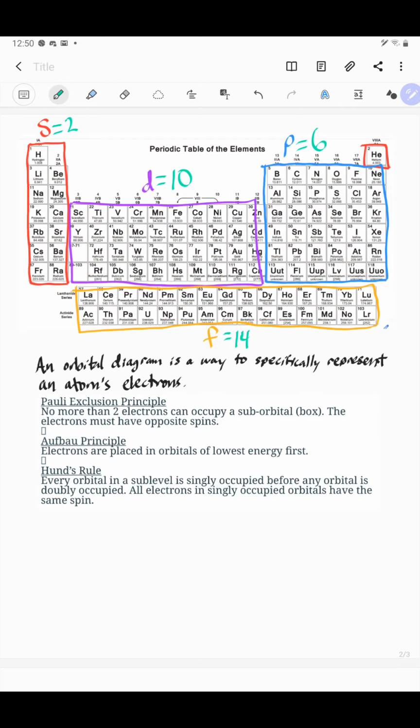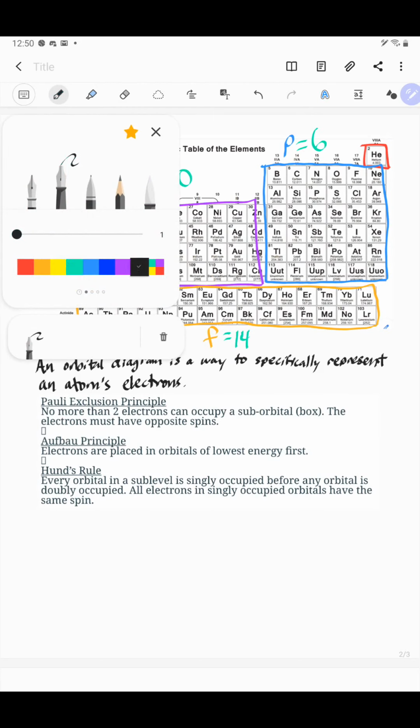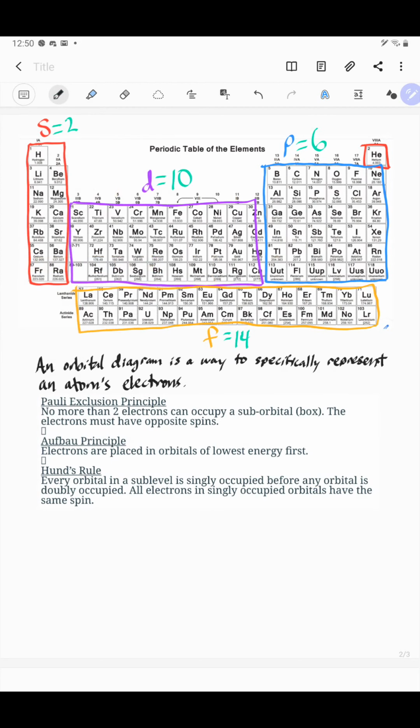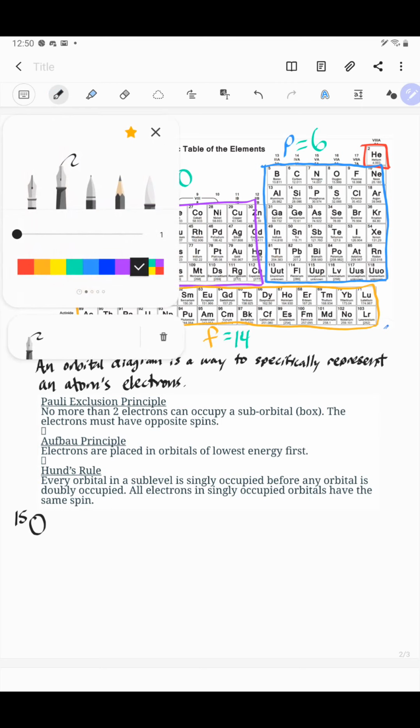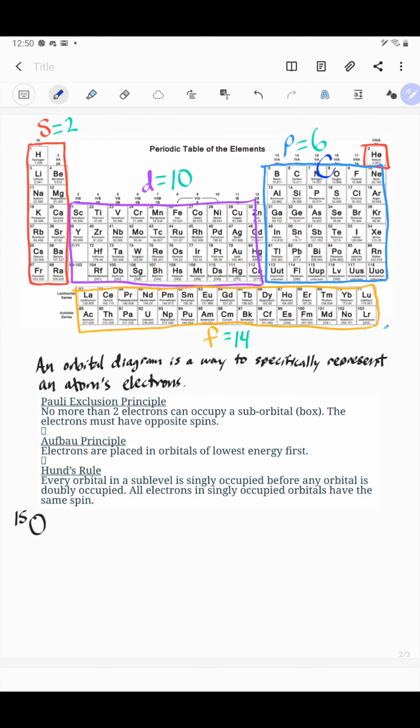I am now going to draw out a Bohr model of oxygen, and let's do oxygen 15. So 15 is the mass number, and we will calculate the number of protons. The number of protons is just that number right there, so it's 8.